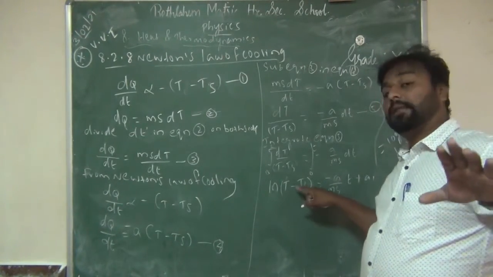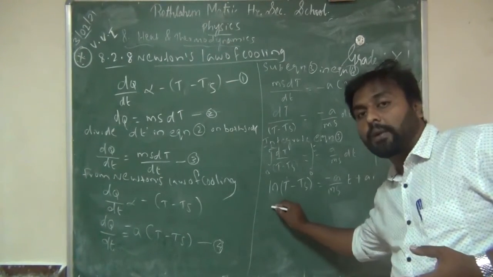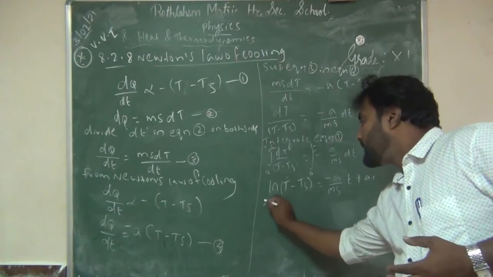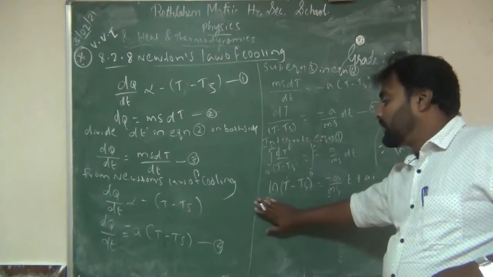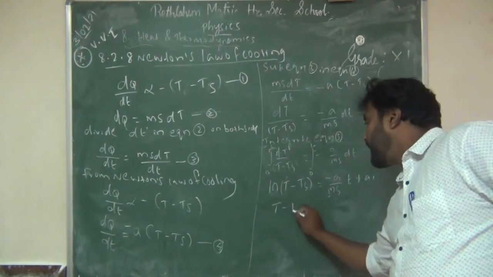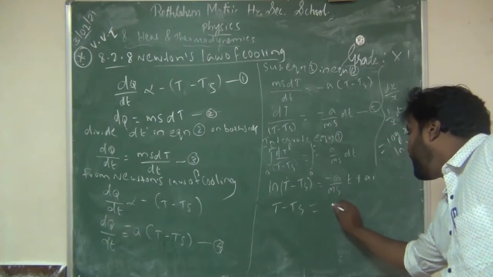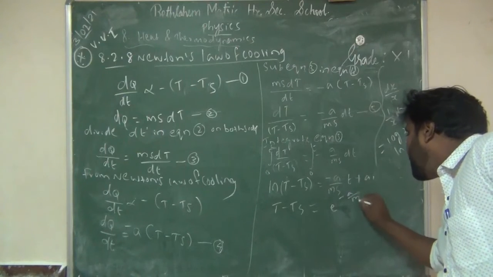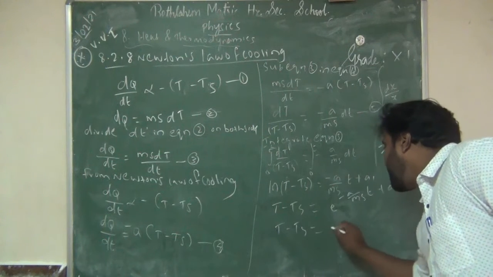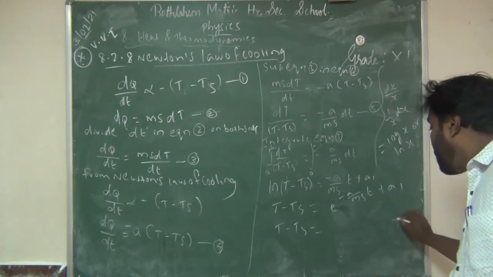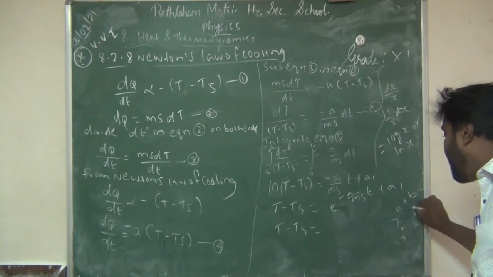Now we have to change this ln symbol, so we take the exponential form. Take e power of this, which just cancels the ln. So T minus Ts is equal to e power minus A by m s t plus A1. This is in the form x power a plus b, so you can write x power a into x power b.